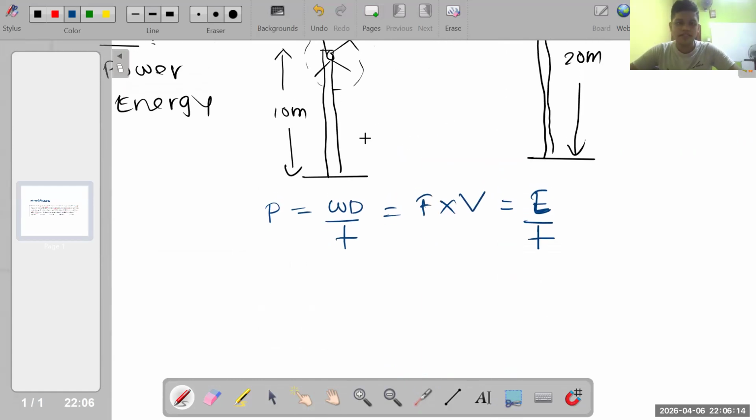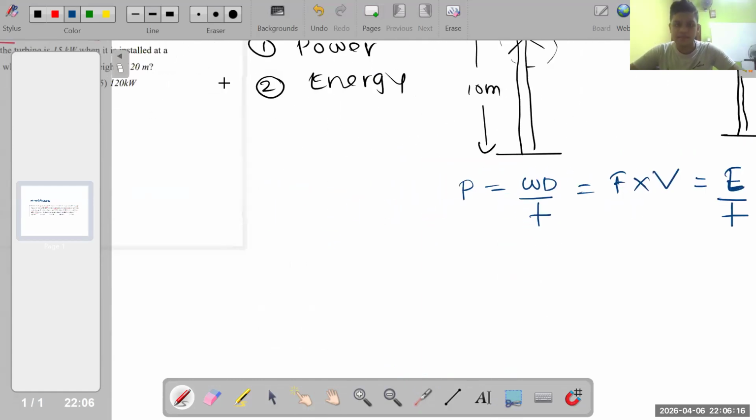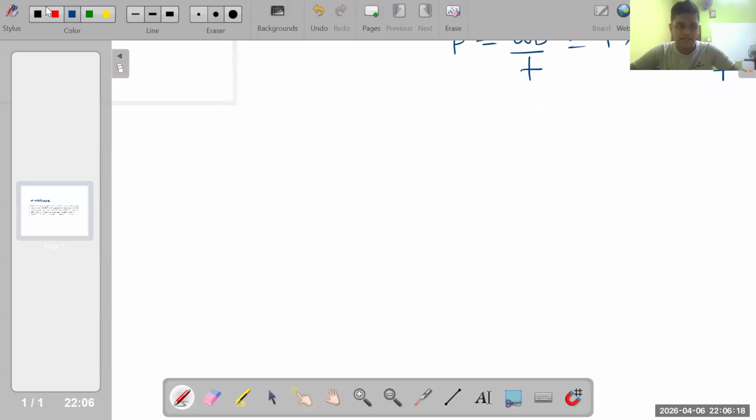Now let's go to the actual idea. The actual idea is they are saying that kinetic energy is converted into electrical energy.